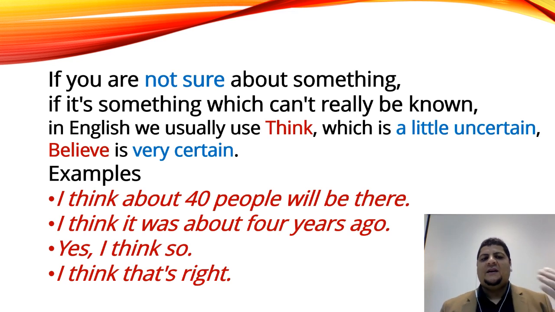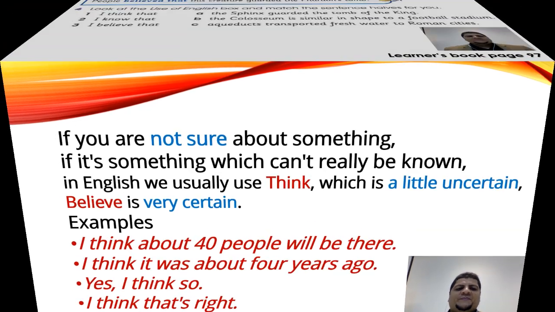For example, you say, I think about 40 people will be there. I think about 50 people will come. I think it was about 4 years ago. Yes, I think so. No, I don't think so. I think that's right. I think that's not right. I don't think that. Okay, so you think this way.